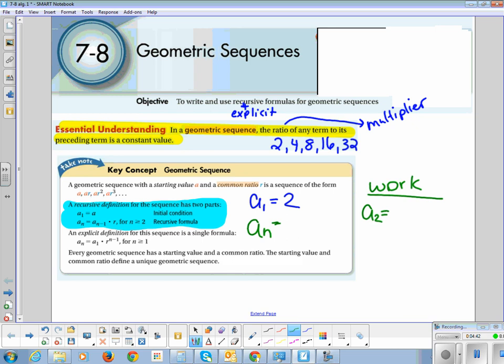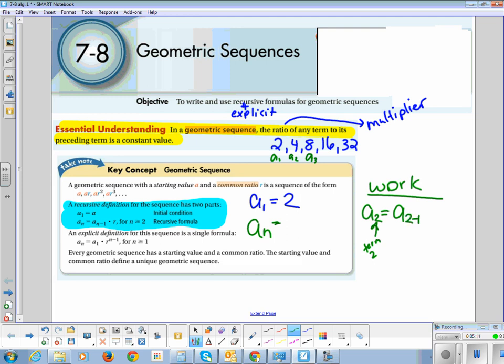So that little baby 2 means term 2. So little baby 2 is term 2. So this is a1, a2. 8 would be a3.